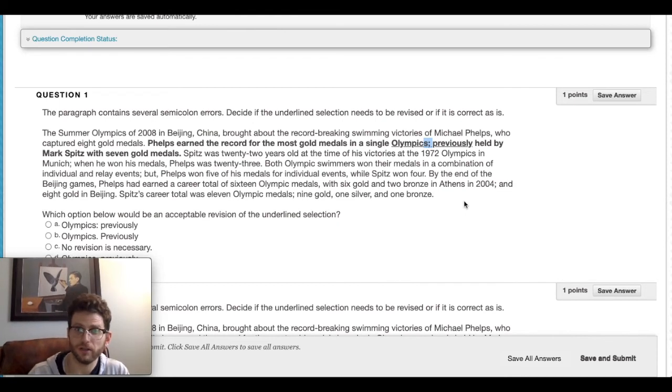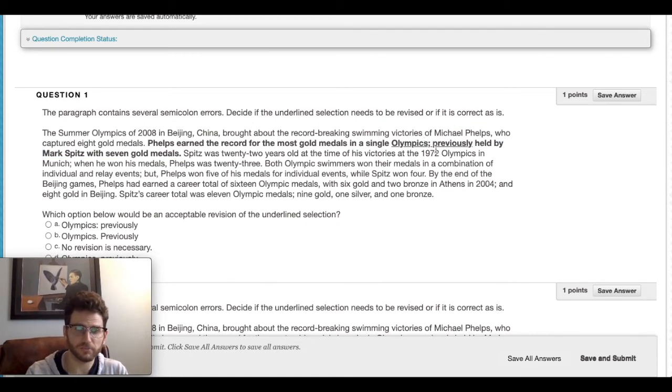Okay, do I have two independent clauses? Phelps earned the record for the most gold medals in a single Olympics. Yes, that is an independent clause. Okay, so far so good. Do I have an independent clause after it? Previously held by Mark Spitz with 7 gold medals. No, that is not an independent clause. What is it missing? What are we talking about? What was held by Mark Spitz?